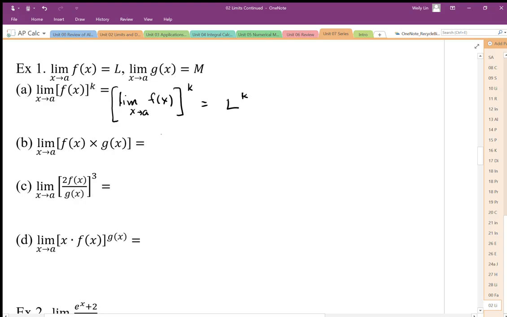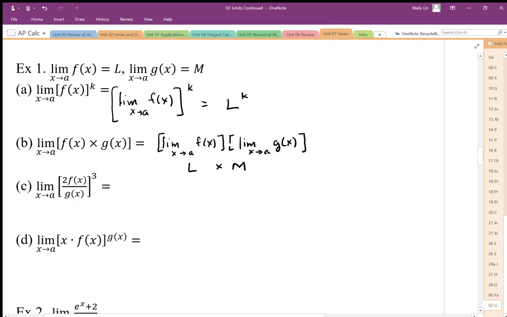Here we can apply the limit separately. I could do the limit as x goes to a of f of x, and separate that out from the limit as x goes to a of g of x. So this becomes L times m.